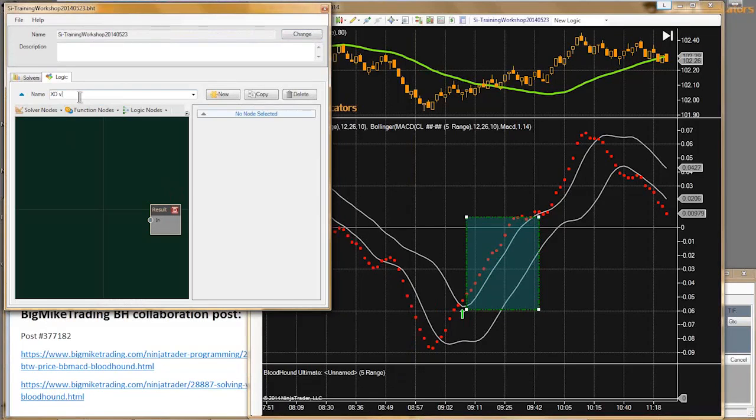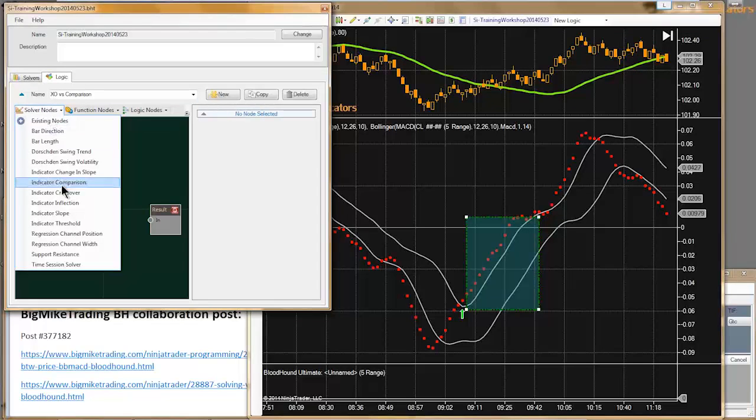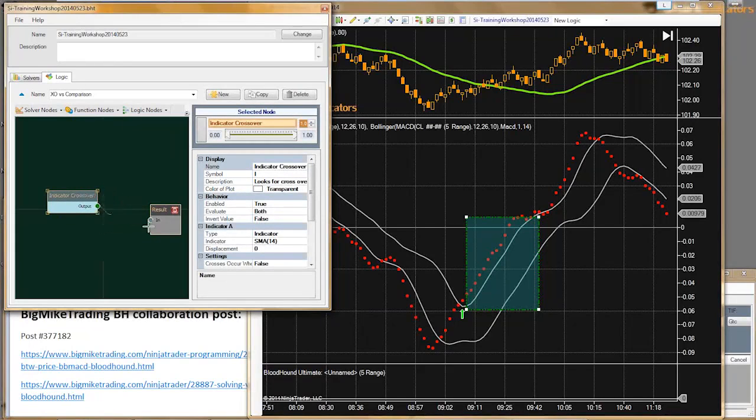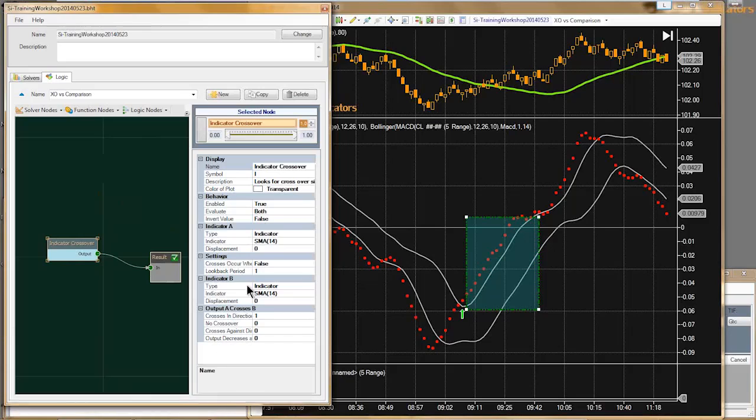Alright, so I'm going to do crossover versus the comparison. So we'll connect that crossover up, and we'll put our two indicators in here.